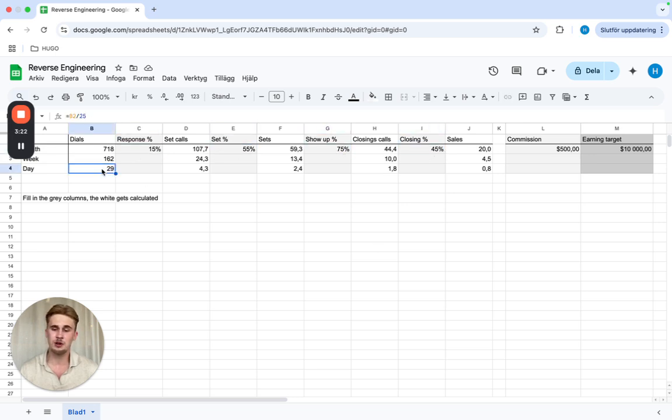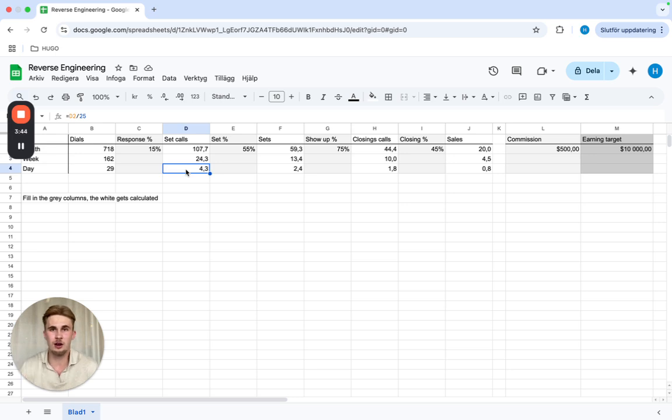But the big thing here is that it's not only about making these dials. You also have to have the set calls, the sets, the closing calls, the sales. And all of these things you can have an impact on. So let's say you make 29 dials in a day, and you haven't had 4.3 set calls, you've only had 3.